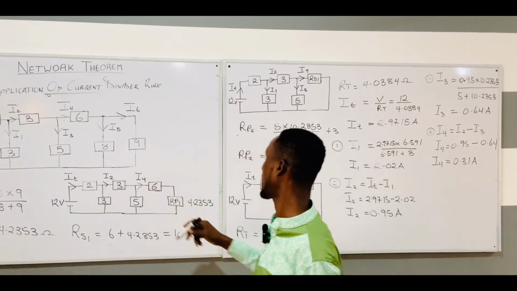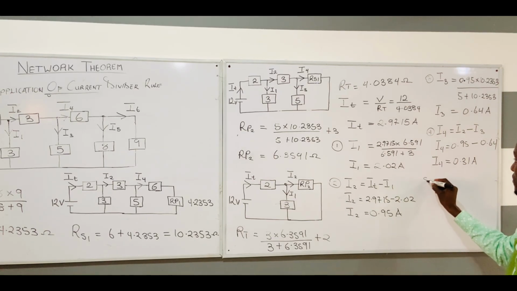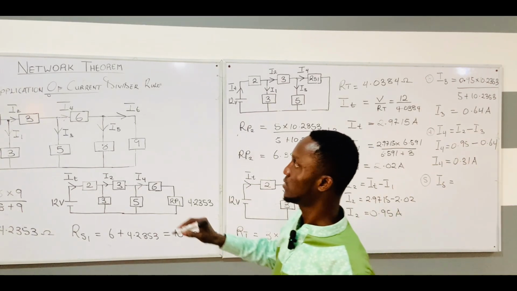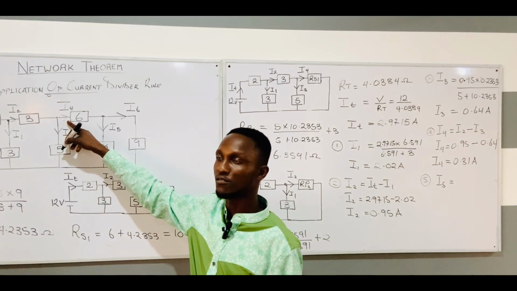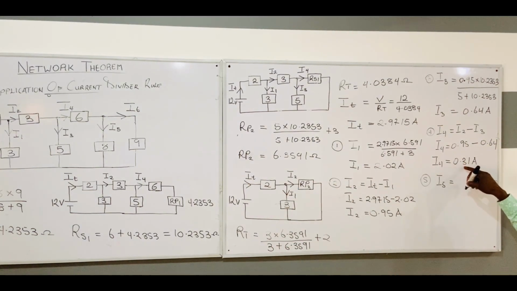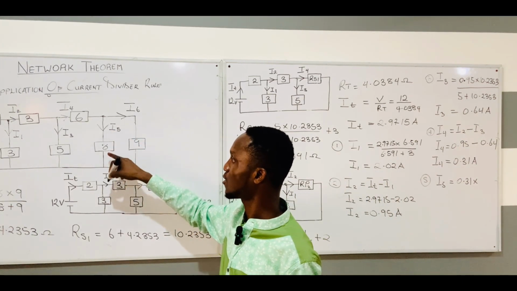So let's find I5. In our calculation, I5 is given by the source current from current divider rule, which is I4. The value of I4 we got is 0.31 amps, so we multiply 0.31 by the opposite resistive value, the one that I5 is not passing through.